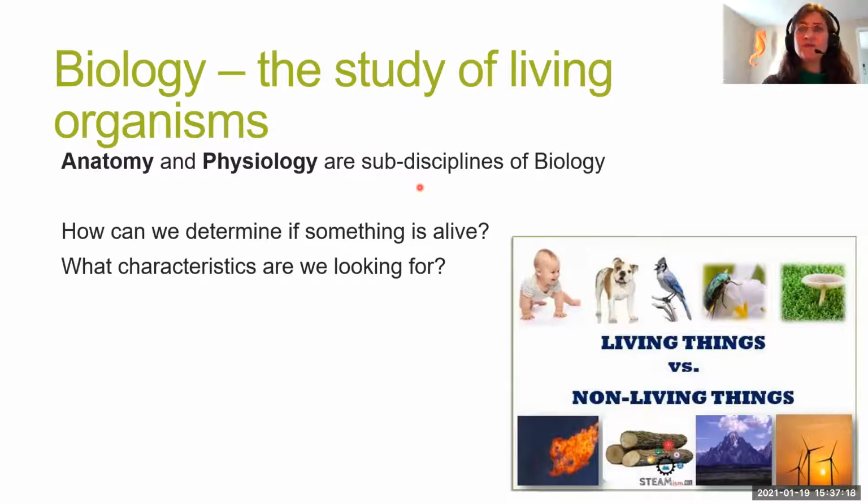It's kind of important to recognize, okay, all the things at the top here, this baby, this dog, the bird, the bug, the mushroom, the grass behind it, these are living things, versus, like in physics, you might study heat, okay, or a volcano, okay, in earth science, wind, so forth. These are non-living things, wind and water and flames and rocks and stuff. Certainly part of our world, but not living.